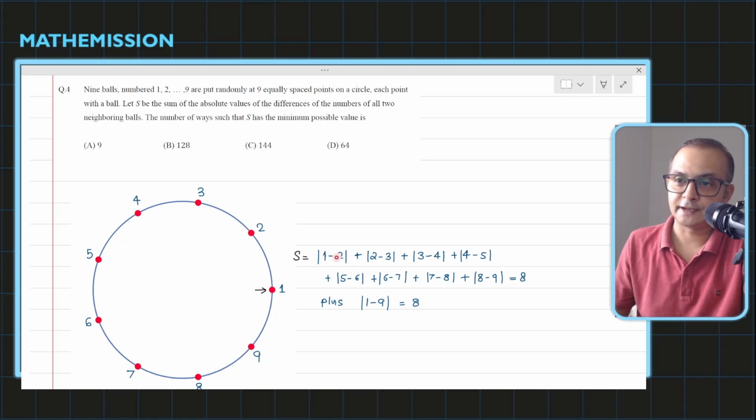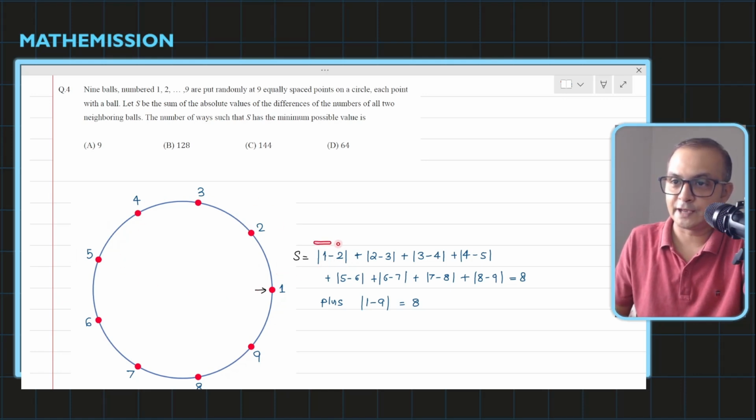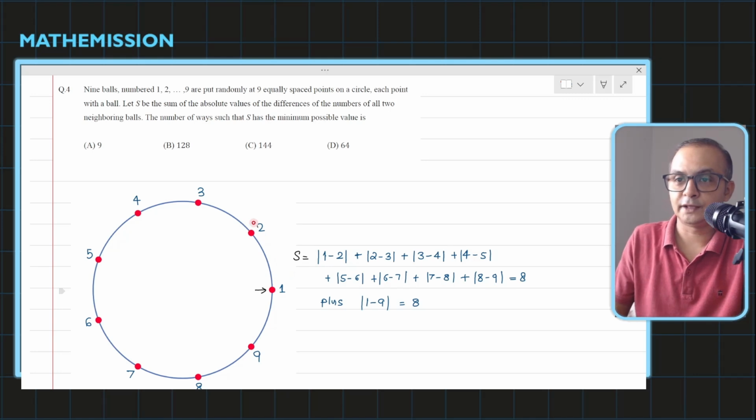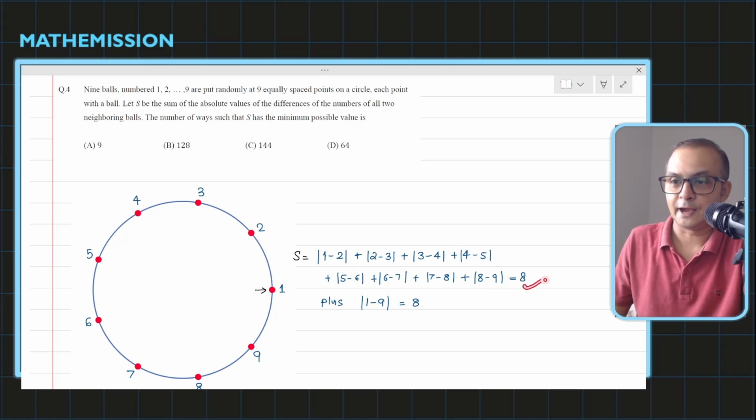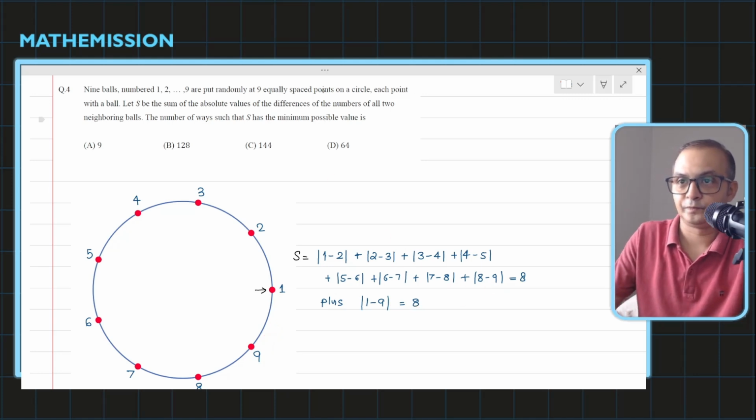So if I take 1, 2, 3, 4 in this order, in anti-clockwise order, the gaps are 1, 1, 1, 1, 1, 1, 1, 1. So all these gaps will give you 8. Now there is one gap here, 1 to 9, and that gap is 8 because the difference between 9 and 1 is 8. So altogether the sum I'm getting is 16.